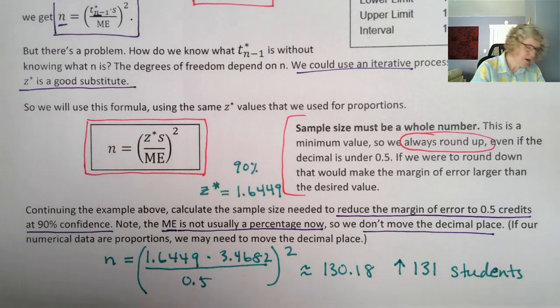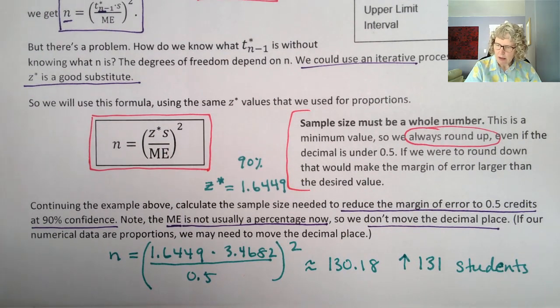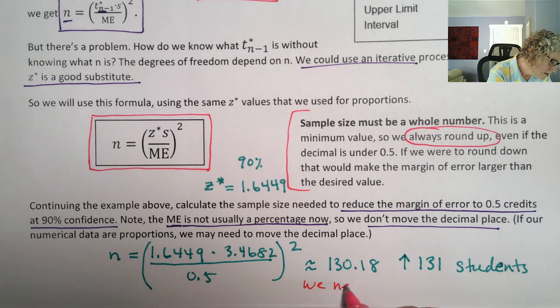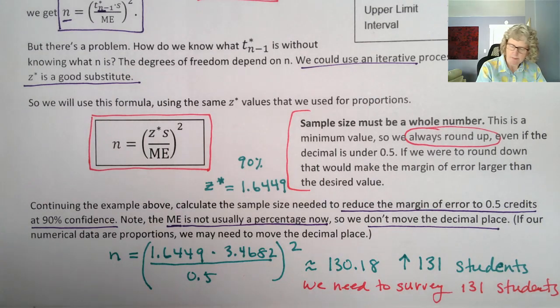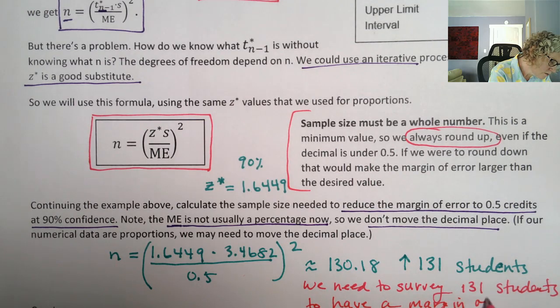Remember, the units for n are now whoever our cases are, our subjects. So now we need to survey 131 students to have a margin of error of 0.5 credits.